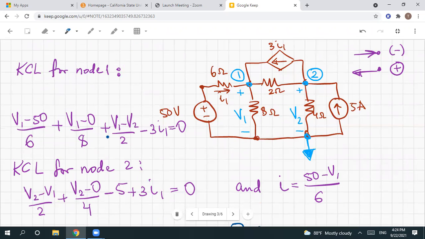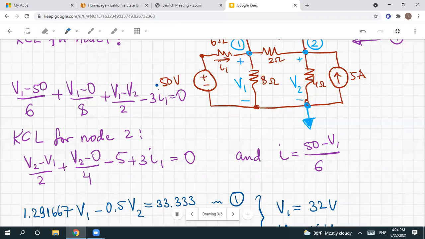Now what I need to do is to find the power associated with all three components. And I will go with the passive sign convention. The passive sign convention says the power is positive if the current is entering the positive polarity of the voltage.